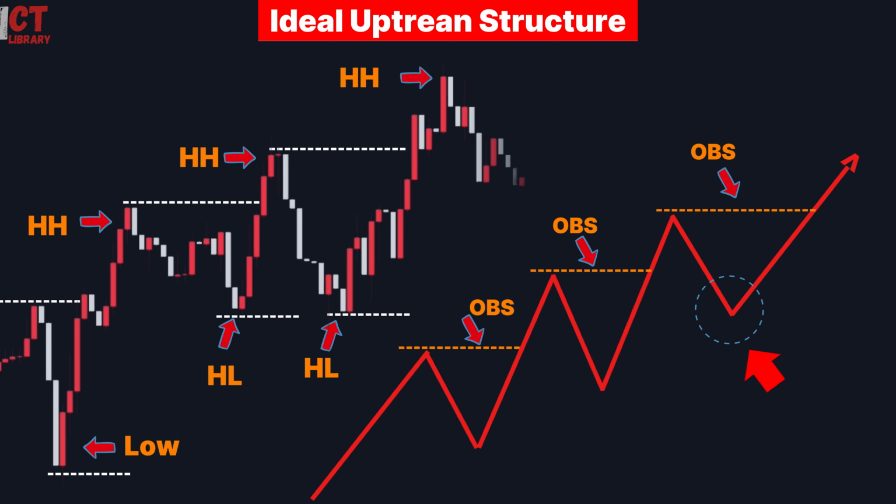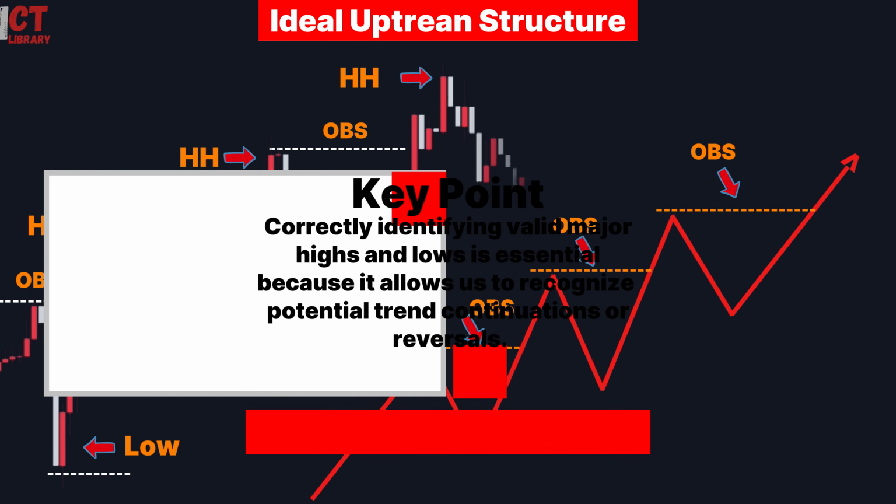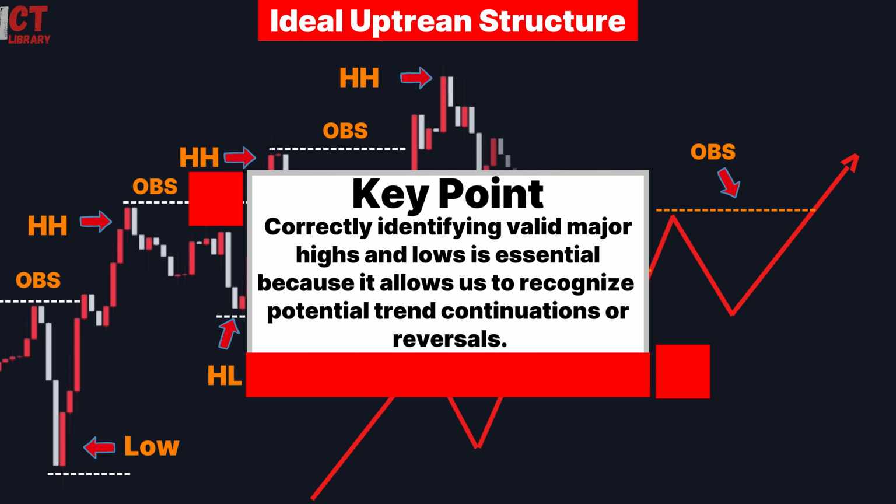Each time price breaks a significant high to the upside, it produces a break of structure, or BOS, and forms a demand zone associated with that impulsive wave. Correctly identifying valid major highs and lows is essential because it allows us to recognize potential trend continuations or reversals. Without accurately locating these critical levels, traders become vulnerable to traps and often find themselves trading against the dominant market direction. The same principles apply in bearish conditions.